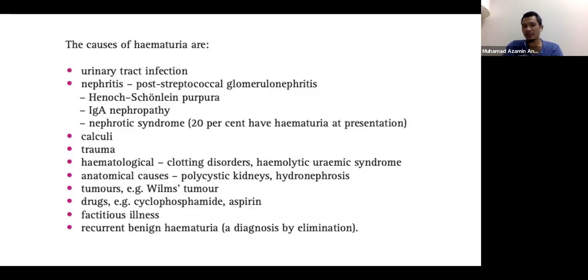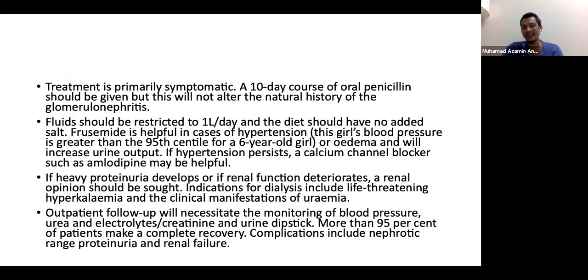Okay, so for the treatment of glomerulonephritis, you give 10 days of antibiotics, not because you want to treat the nephritis, but because you want to eradicate the streptococcal infection and colonization. You cannot treat nephritis directly; it will resolve by itself, but it takes some time.